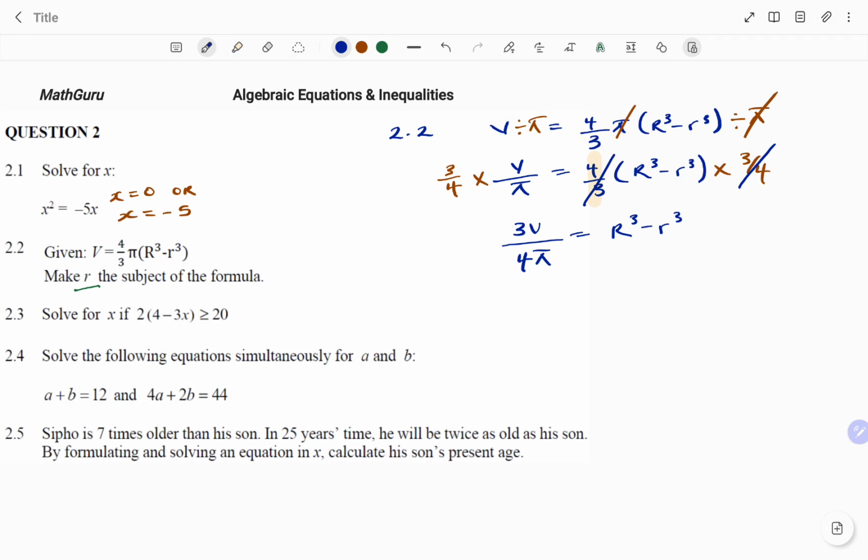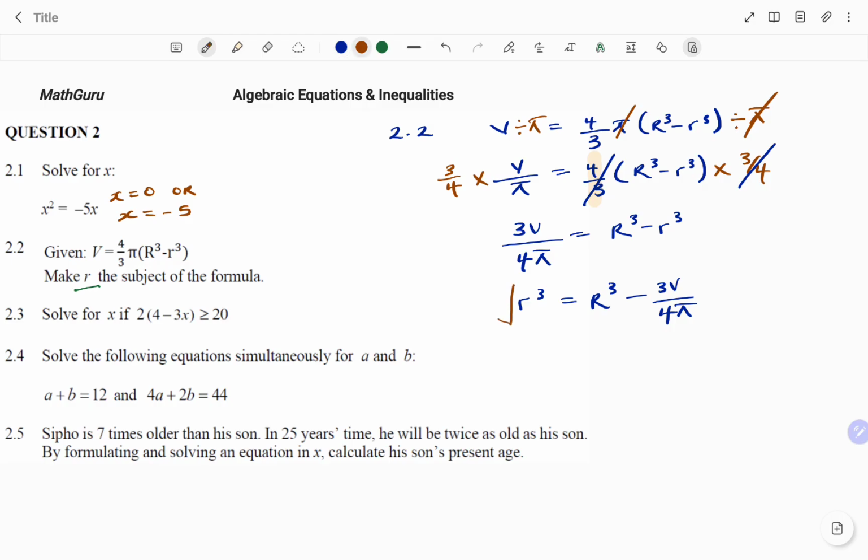Then the next step, I'm going to move my r cubed to make it positive. I move it to the left, and then I move my 3V over 4 pi to the right. So therefore my equation becomes r cubed equals R cubed minus 3V over 4 pi. And to get rid of my cube, I'm going to find the cube root of both sides.